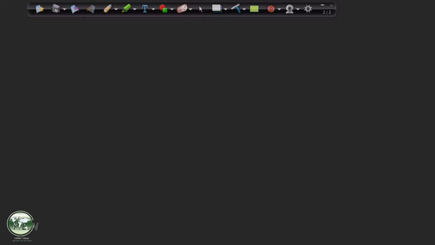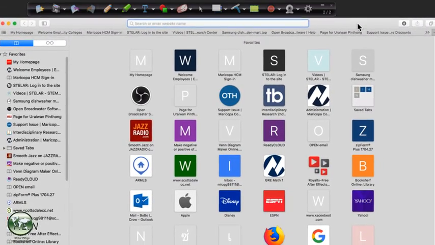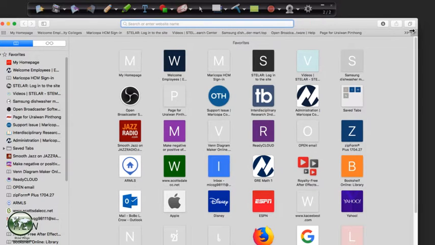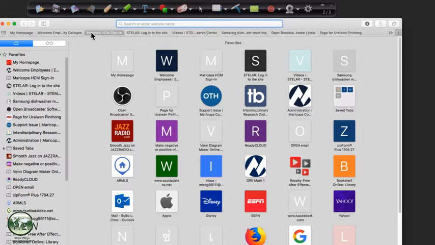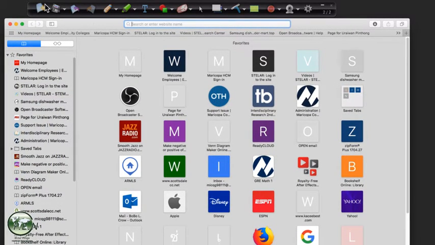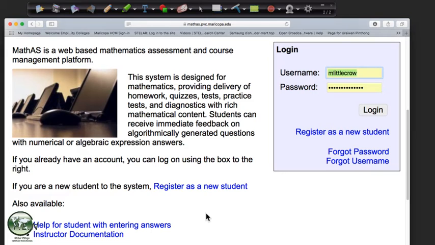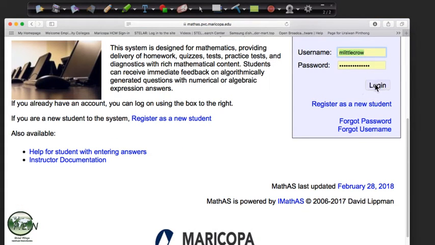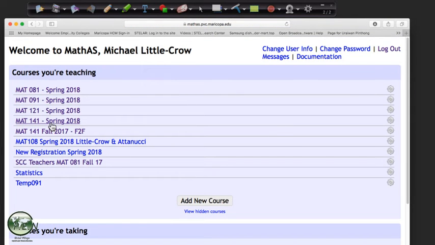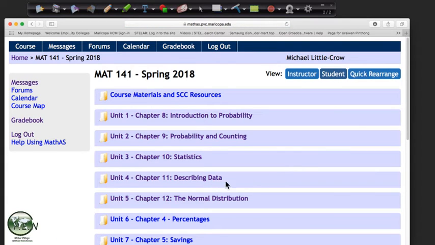Clear the screen, and we'll take a look at percentages.